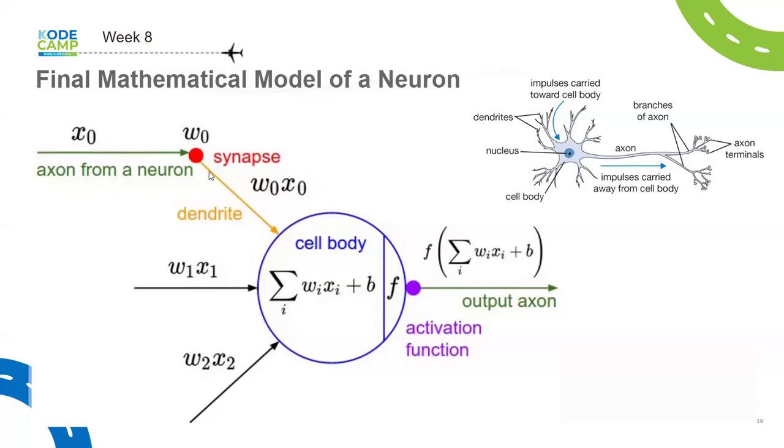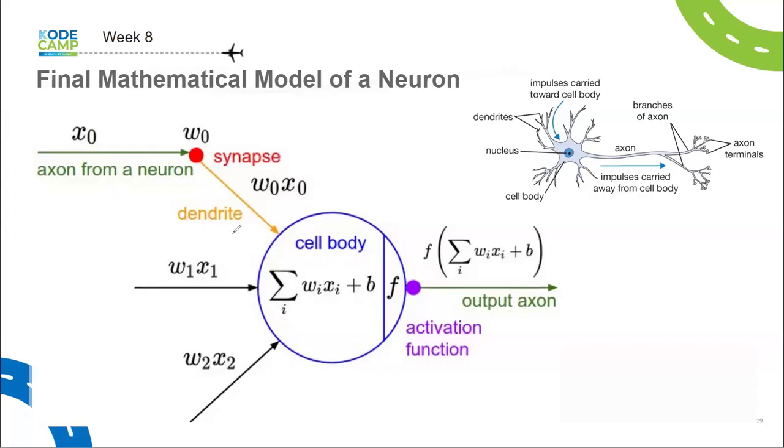And then you have the synapse, and then you have the dendrite of the current neuron, right? That takes that in. And then you have the cell body. And then you have a bunch of other dendrites coming in as well with their own values, W1X1 and W2X2. And the cell body sums all of this, right? Sums all the inputs from the different dendrites here.